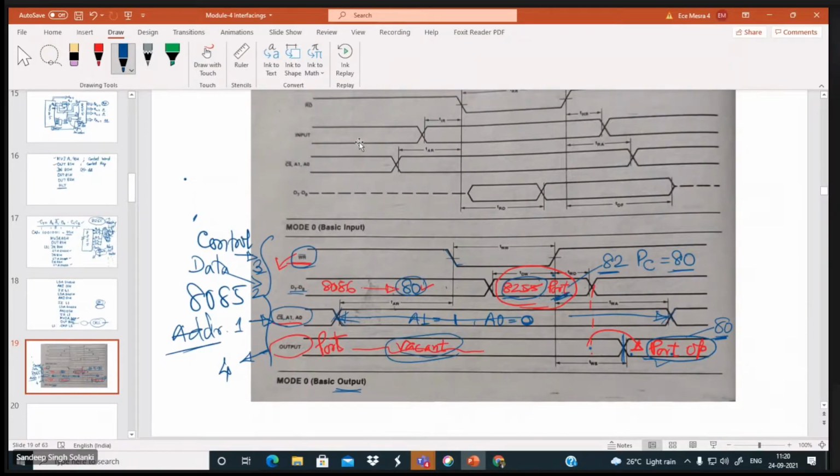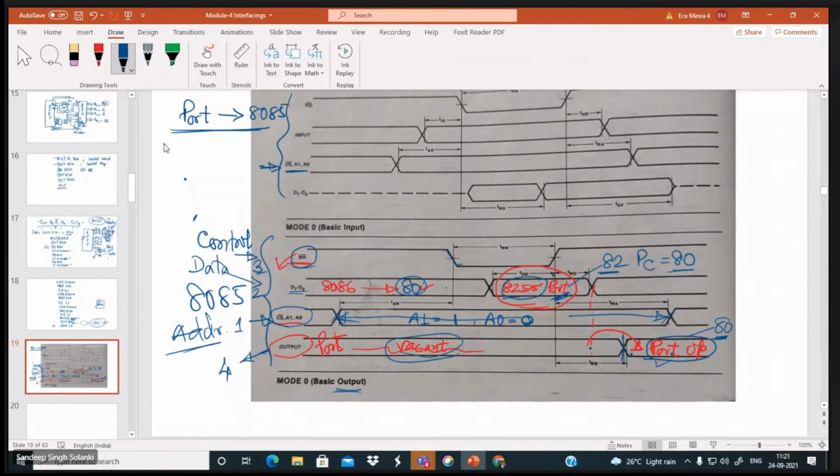Read means you want to read the data from the port to the 8085. This is what we want during this time. So once again, what is the first thing you expect?